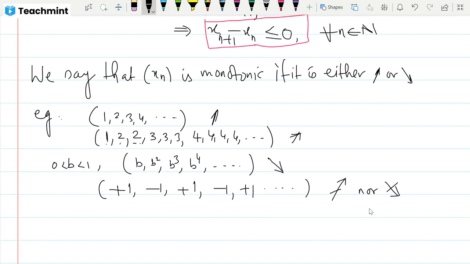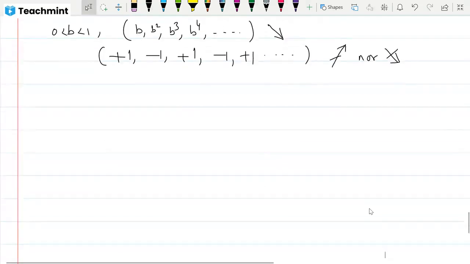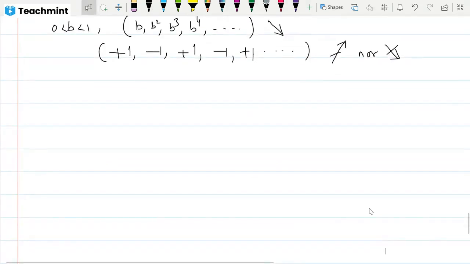Okay. Now I will state the most important theorem in sequences, the monotonic convergence theorem. With the help of this theorem, we can test the convergence or divergence of certain kinds of sequences.